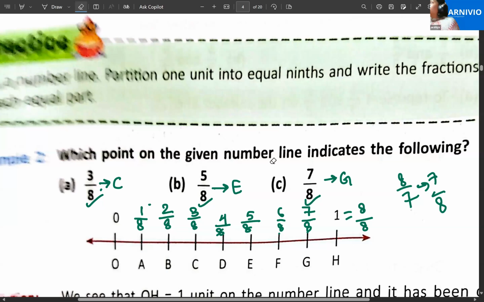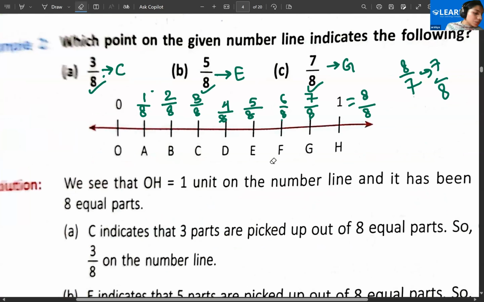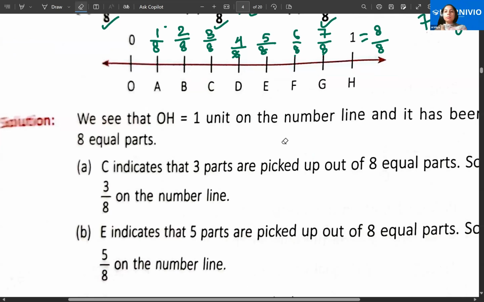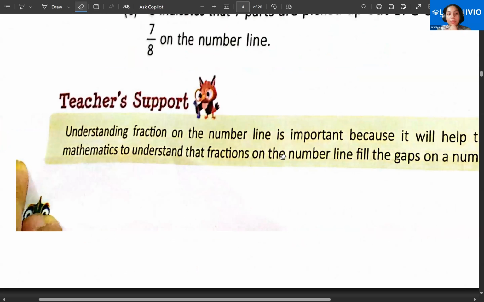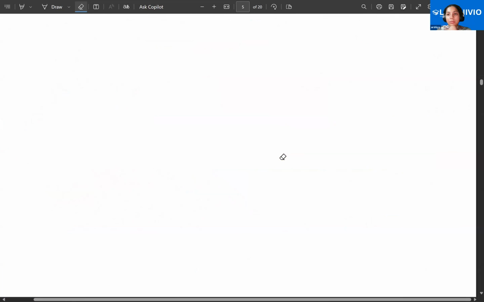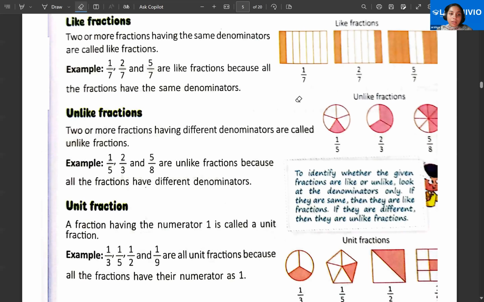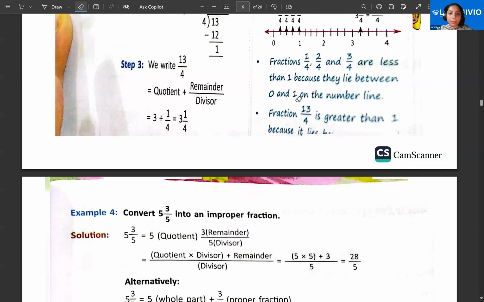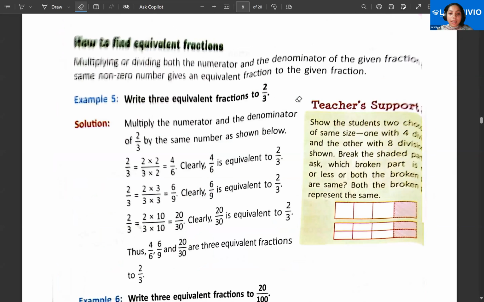What was the page number? Give me one second. Let me plug in my charger. Is it page number 102?